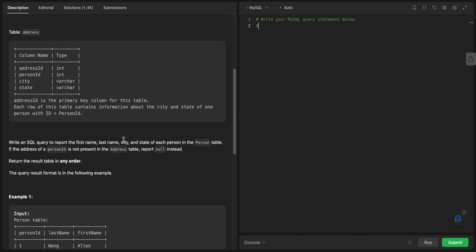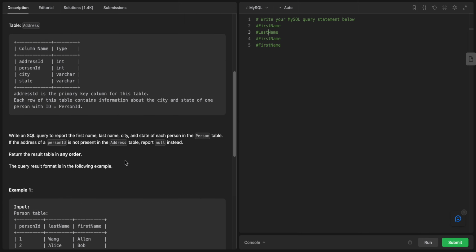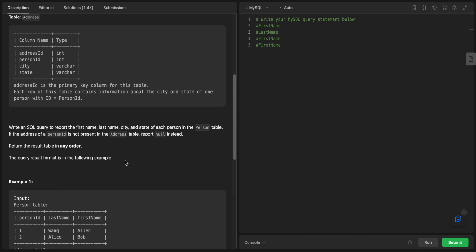What we are caring about is how many columns we care about. First of all, we have the first name and last name, and the city and the state.